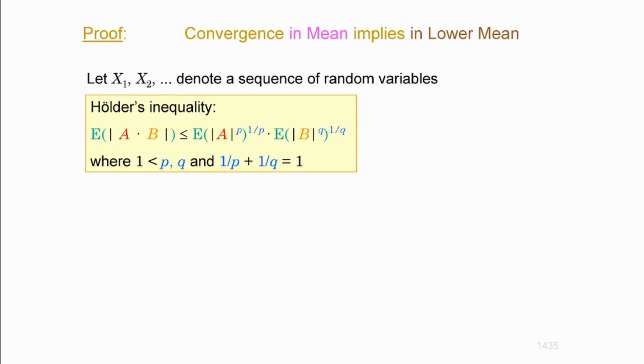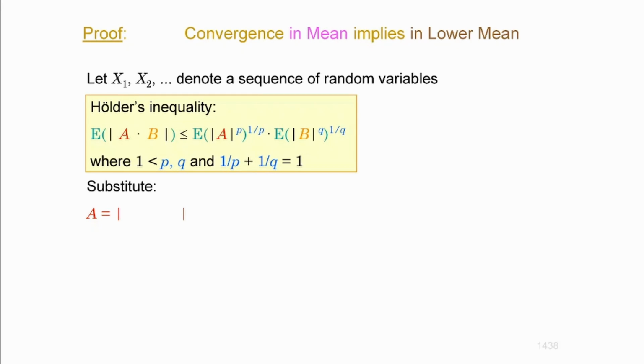There is only one restriction though: 1 by p plus 1 by q is equal to 1. That should be the case. So if p is equal to 2, then you would take the second root, and you would also need q equal to 2, because otherwise it would not work. Again, p and q are parameters that you can choose, and I'm going to substitute accordingly.